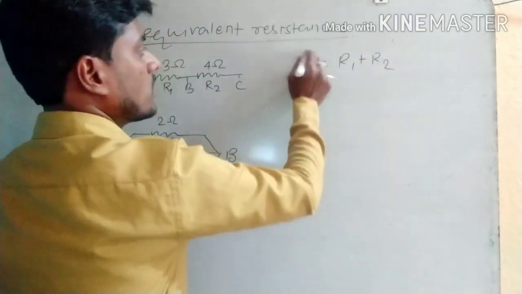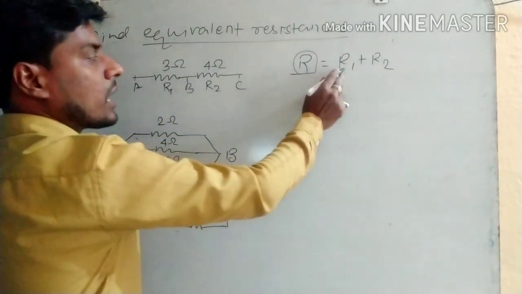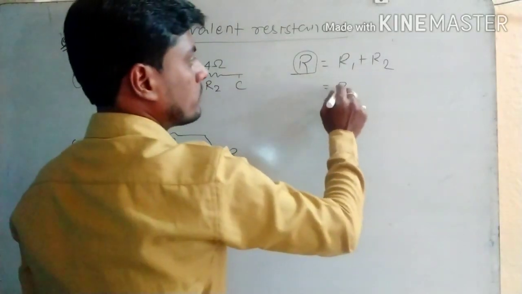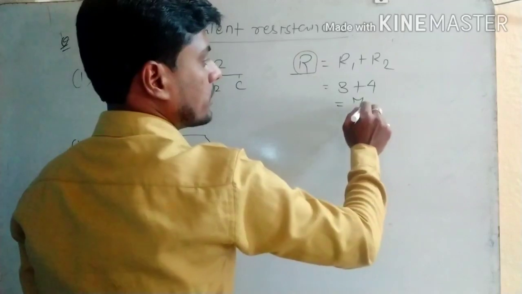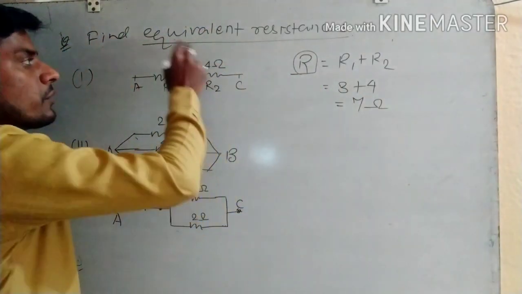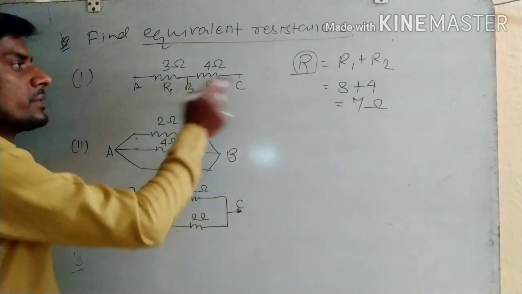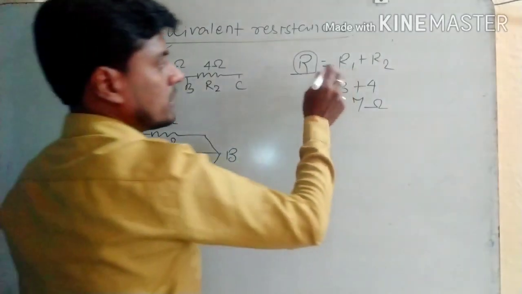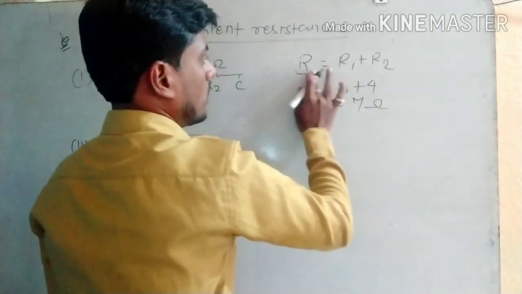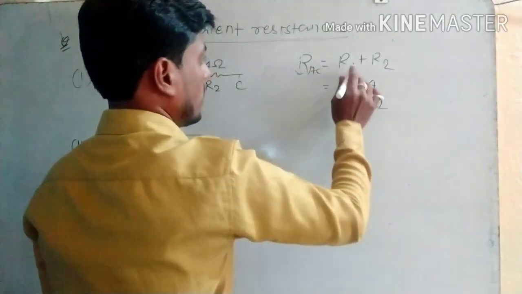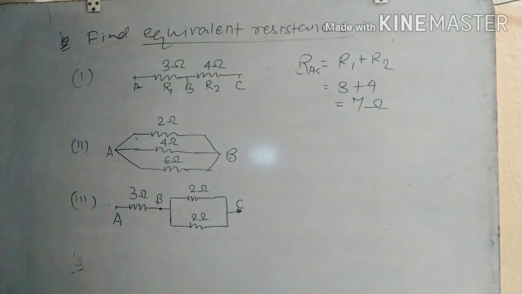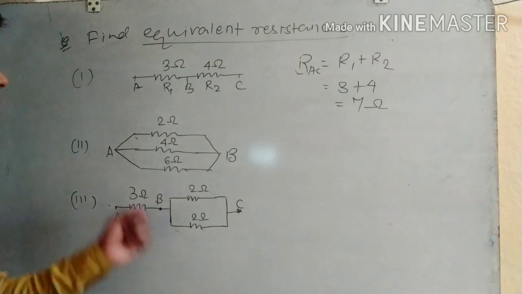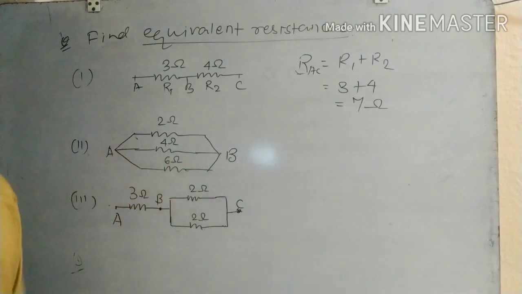R1 is 3 ohm and R2 is 4 ohm. We add and get 7 ohm. That means the equivalent resistance of AC is 7 ohm. Now in the second question we have to find the equivalent resistance across AB.